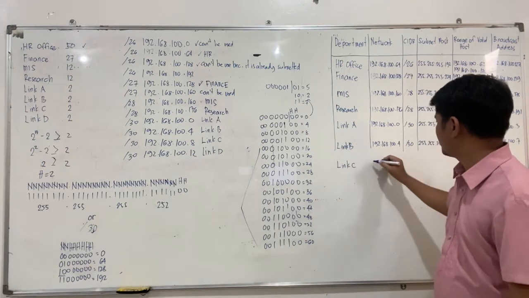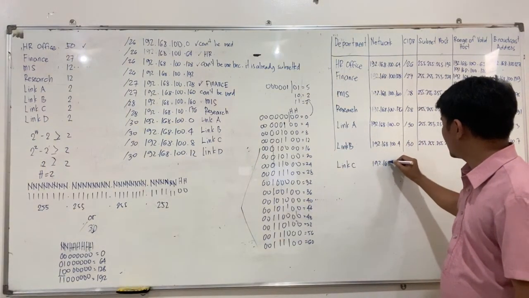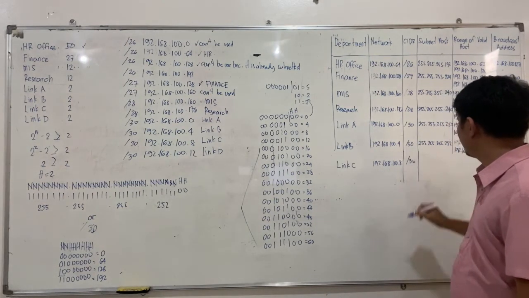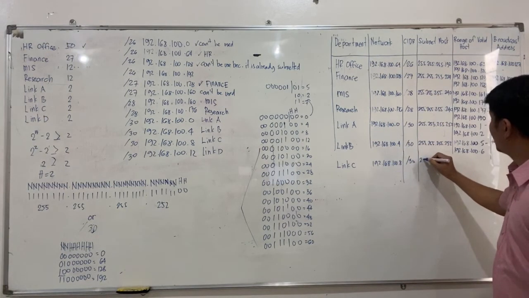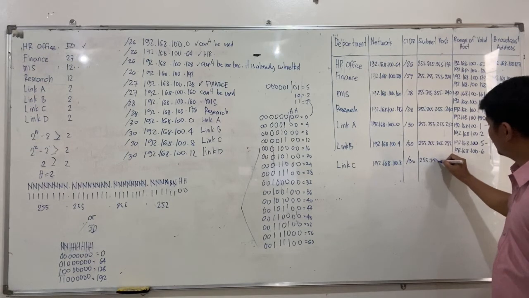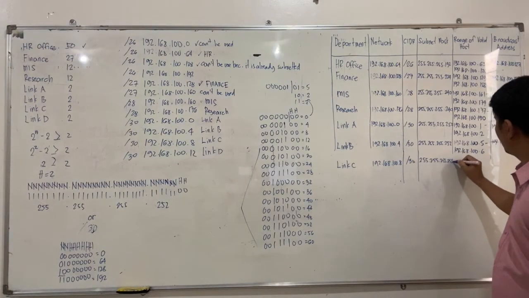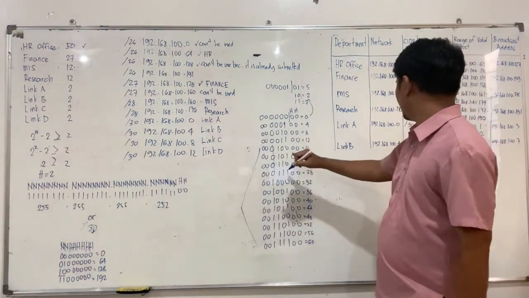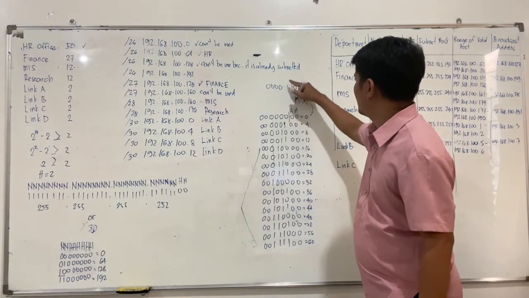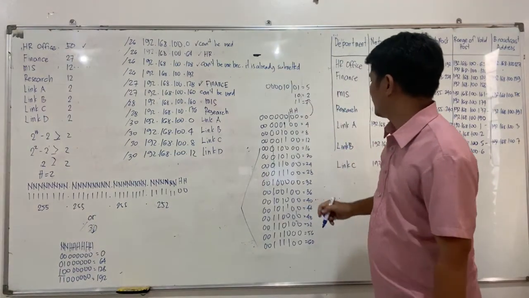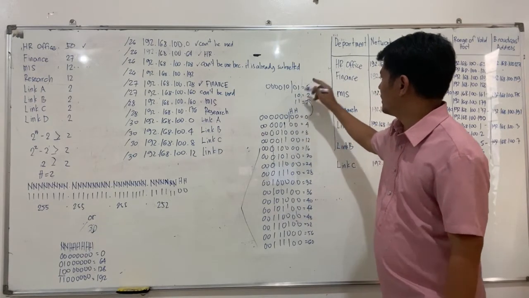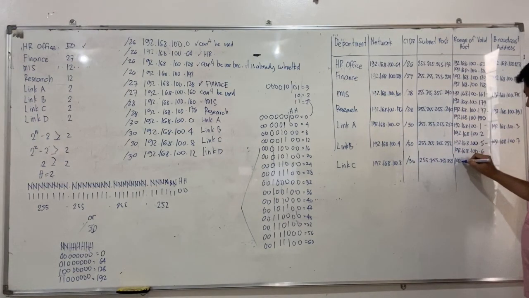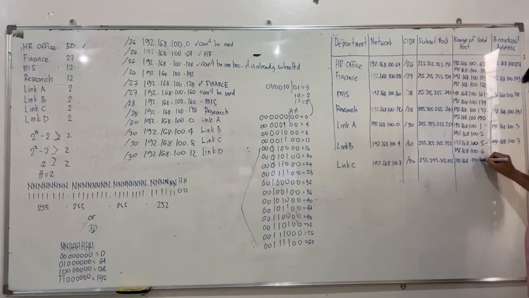Alright? For link C, we have that 8: 192.168.100.8, which is also /30, and the subnet mask is the same. First valid host, 8 plus 1, which is 9: 192.168.100.9.